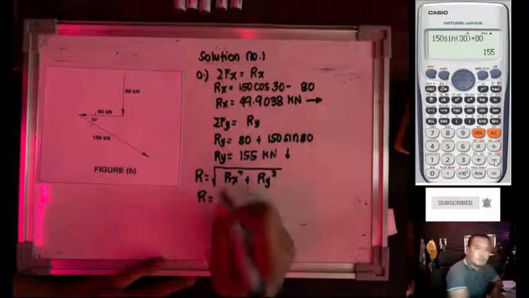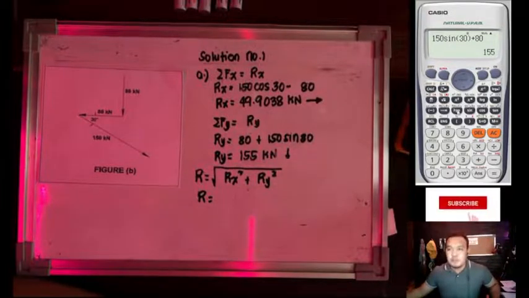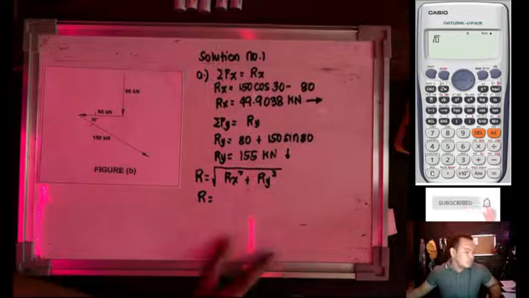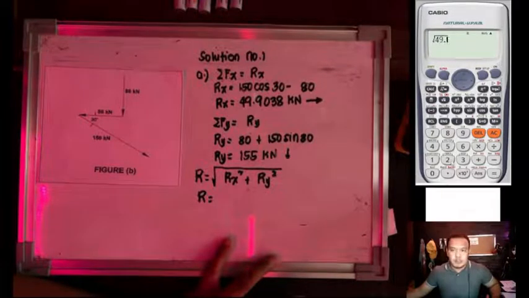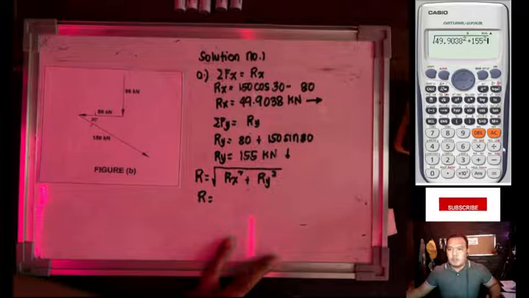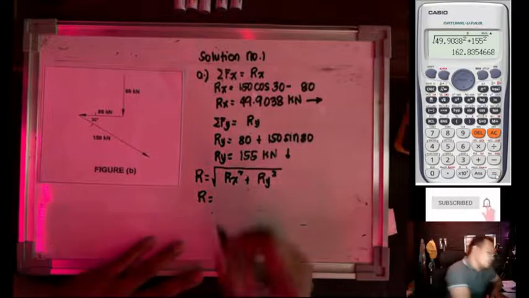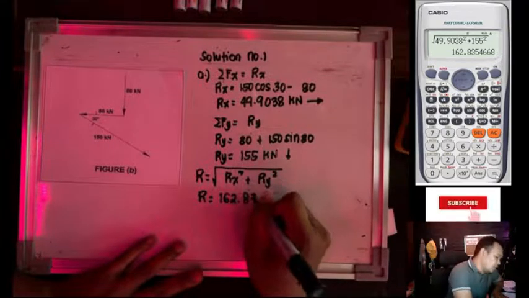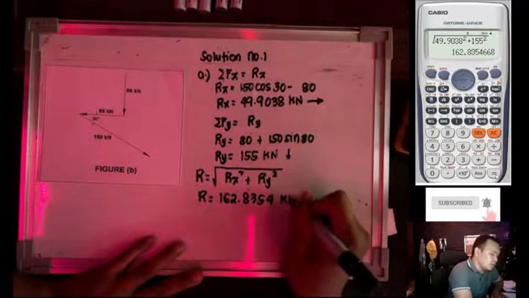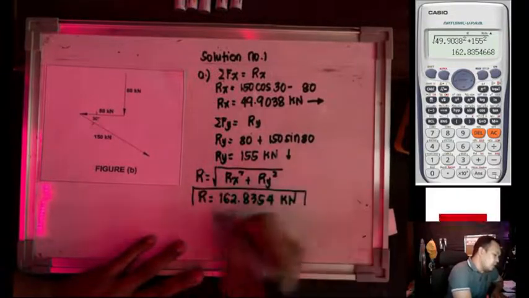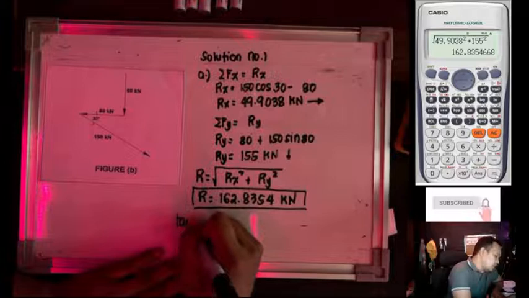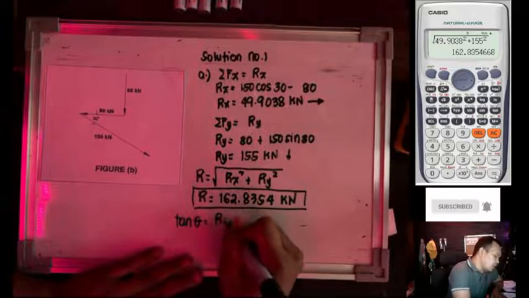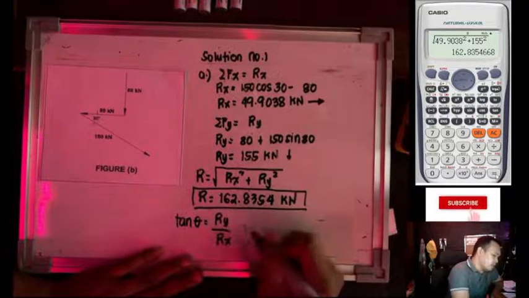R is equivalent to, let me go straight to the calculator again: 49.9038 squared plus 155 squared equals, so the resultant force is equivalent to 162.8354 kilonewton.